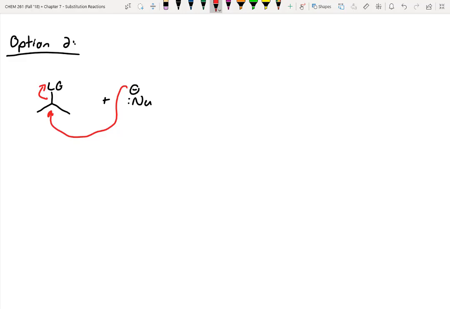So you can almost think of it as a malicious shove, right? So it's going to hit the backside of this and knock off that leaving group. Actually, let me change it a little bit. So that's another option, right? In this case, we're not going through a carbocation at all.